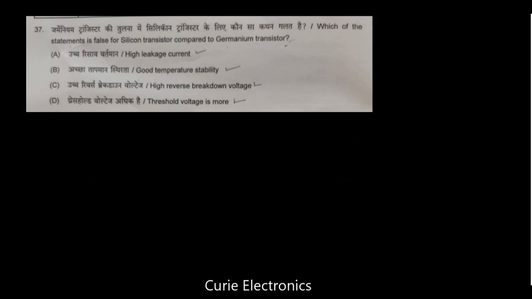Which of the following statements is false for a silicon transistor compared to a germanium transistor? Silicon transistor leakage current is very small, so the statement about high leakage current is the wrong statement about the silicon transistor.